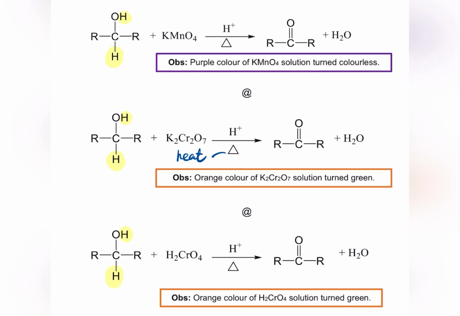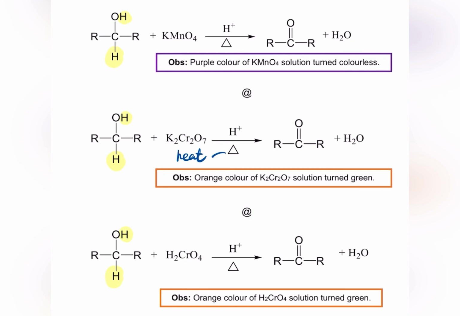Same goes for potassium dichromate. If you form products at this side, you can observe that the orange color of potassium dichromate solution turns green. And the last one, chromic acid, has the same observation as dichromate solution, where the orange color of chromic acid solution turns green.